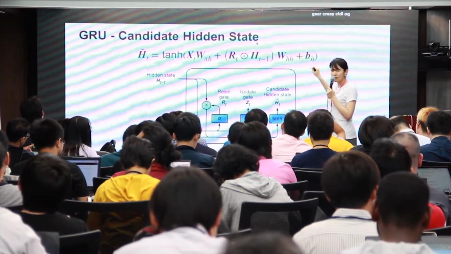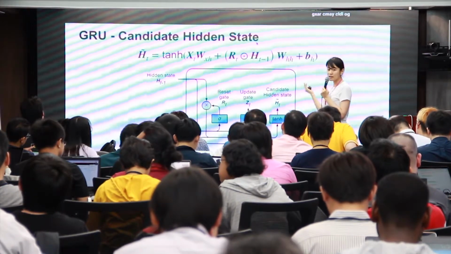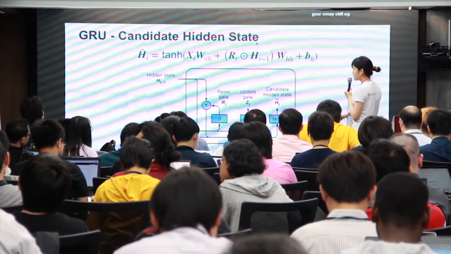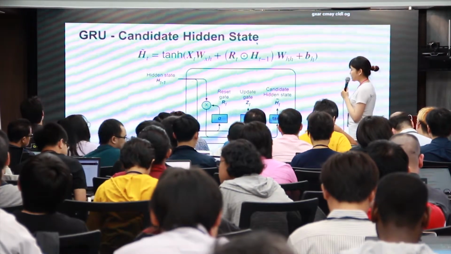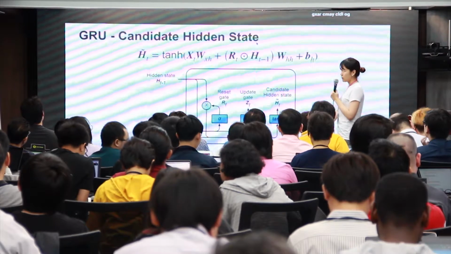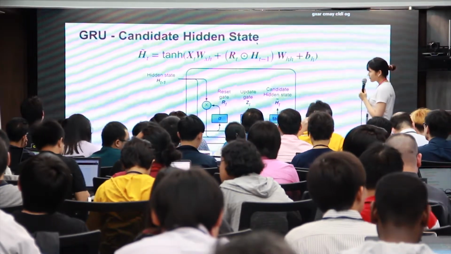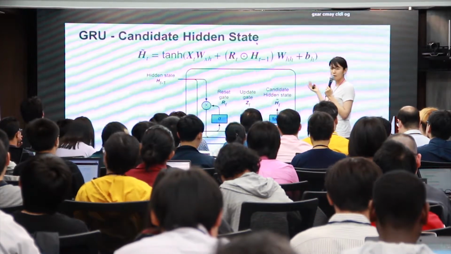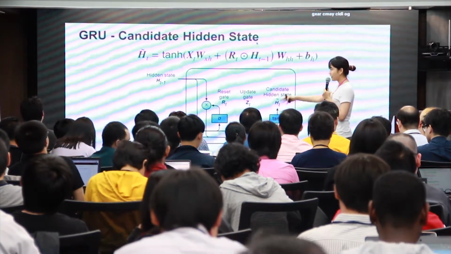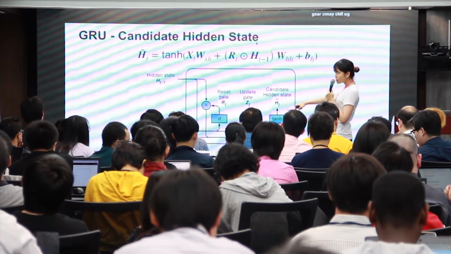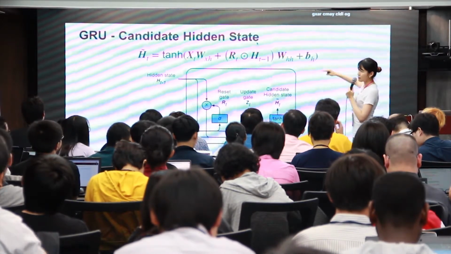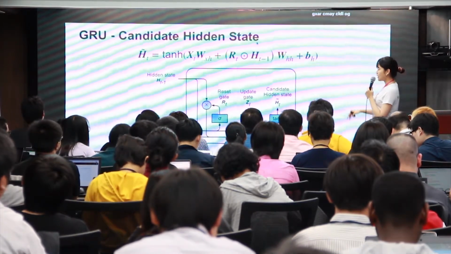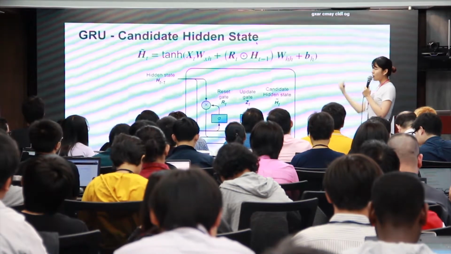It's kind of like a probability of whether I should update it, whether I should forget it. But for this candidate state, we use hyperbolic tangent. It will be mapped to between -1 and 1. And when we have that, it doesn't matter whether it's a negative number. It doesn't mean any confidence. That's why we apply hyperbolic tangent, to have some kind of range. We can have some opposite value. Maybe sometimes the hidden state can have some really opposite influence.